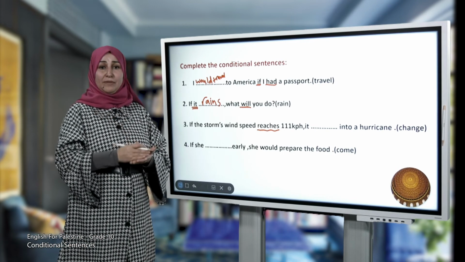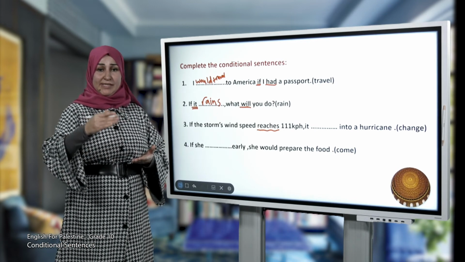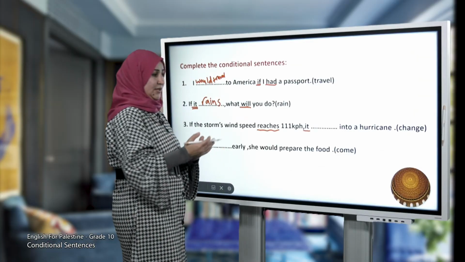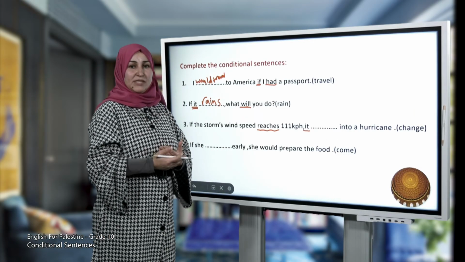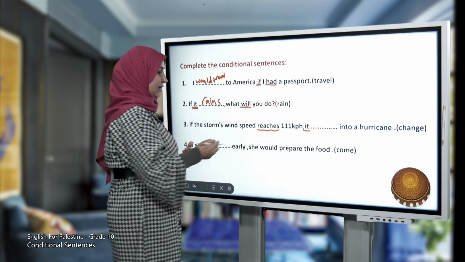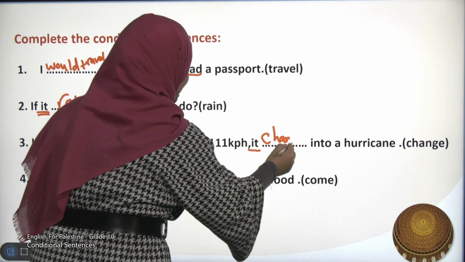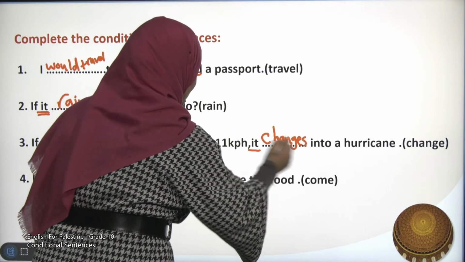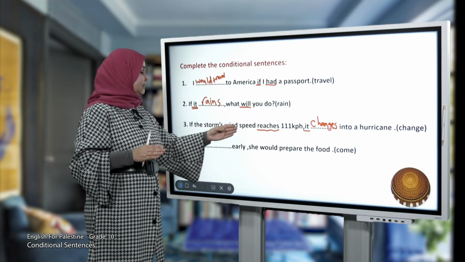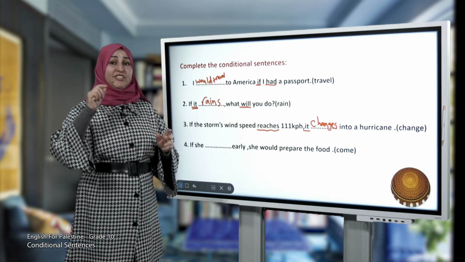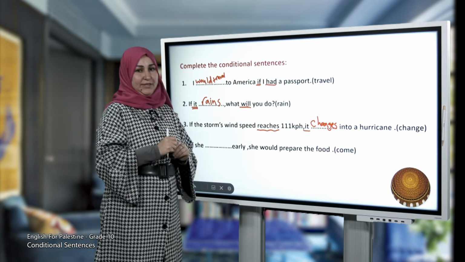So, the other verb must also be present simple. The subject is it. It's singular. So, the verb must also be singular. So, we add s. It becomes changes. If the storm's wind reaches 111 km per hour, it changes into a hurricane.